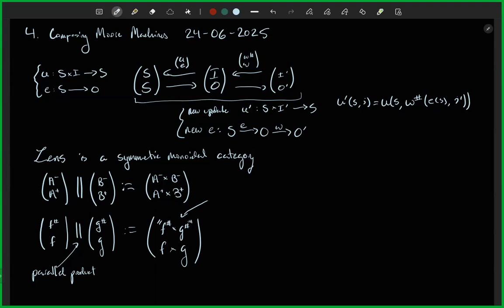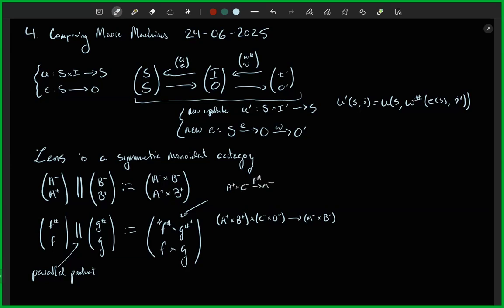Because let's actually think about what that type signature has to be. It has to go from A plus times B plus times, I guess I didn't say what the other two are, but let's just say it's C minus times D minus, into A minus times B minus. That's what that one would be. And you can see that what we have is A plus times C minus to A minus.